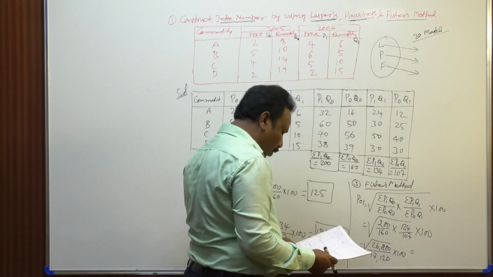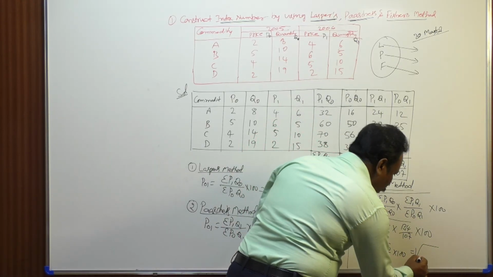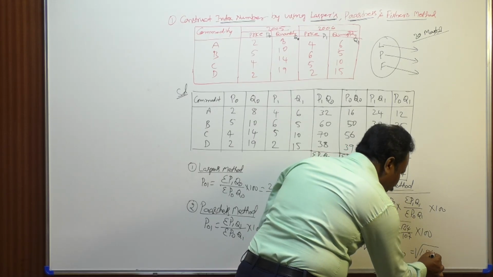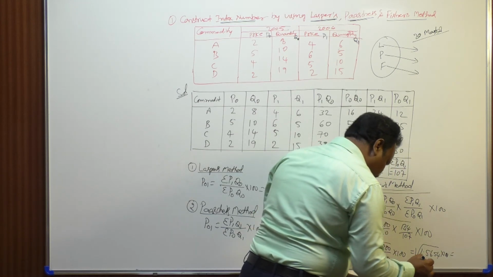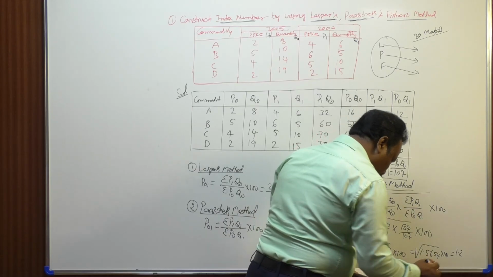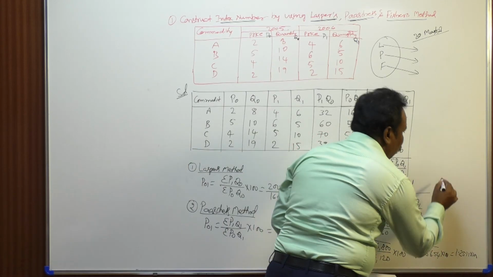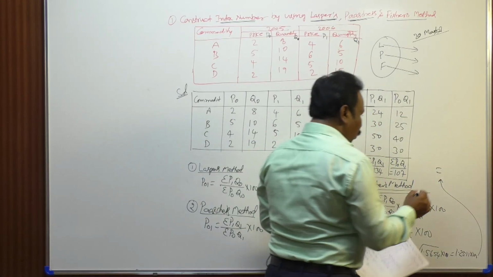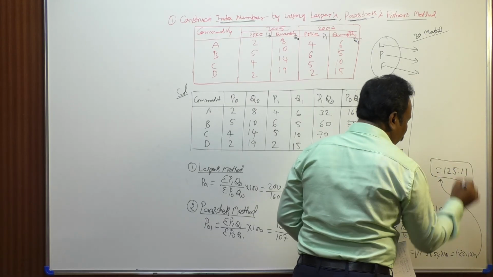So that is the square root of 1.5654 into 100, which is 1.2511 into 100. So the answer is 125.11.